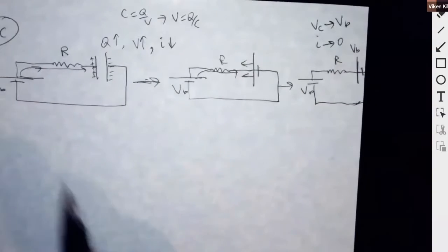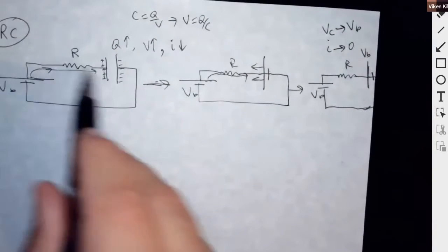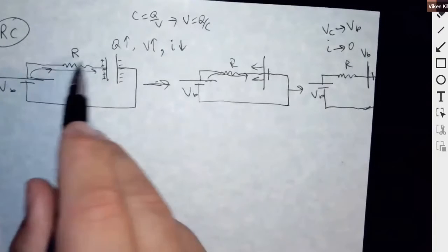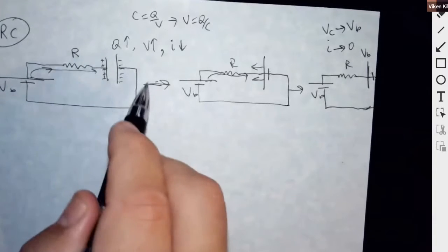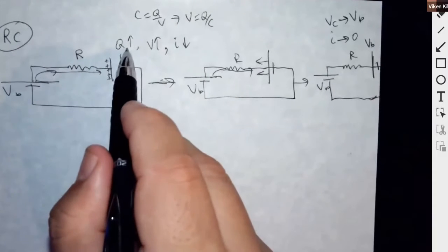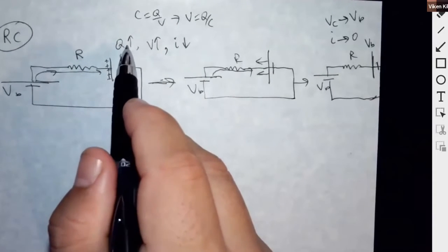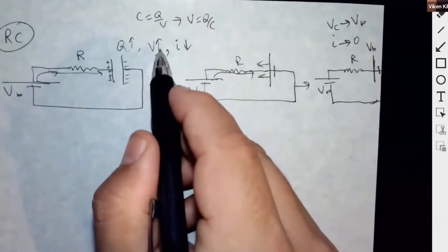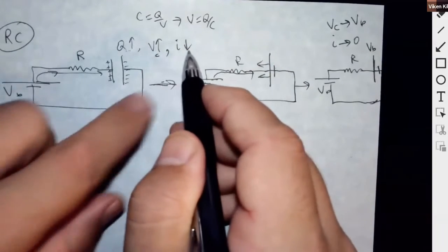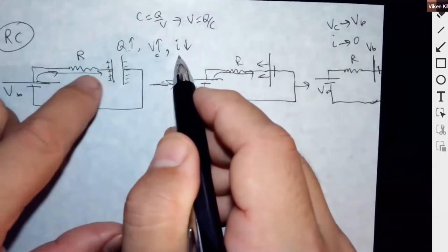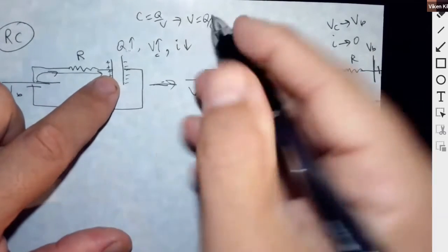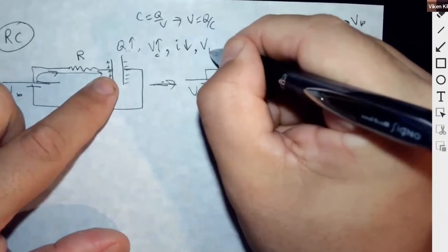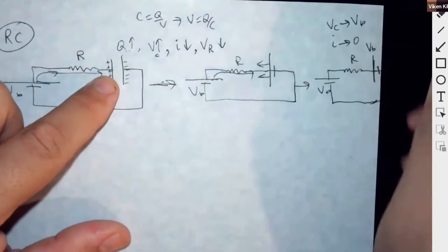So that's what we're solving for: how the charge of this RC circuit increases as a function of time, how the voltage of the capacitor increases as a function of time, how the current in the circuit decreases as a function of time, and how the voltage of the resistor also decreases.